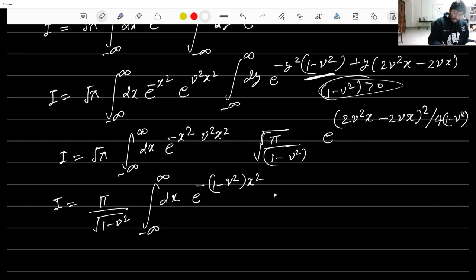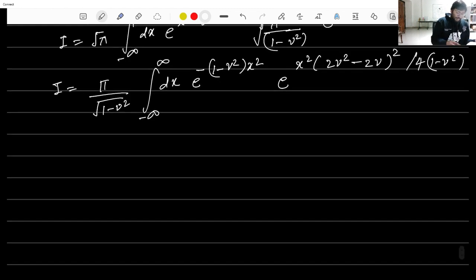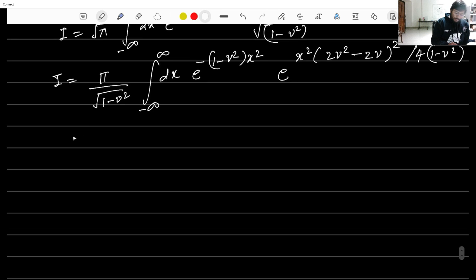So we have the integration remaining over e to the power, you write it like this, 2 nu square x square, 2 nu square minus 2 nu, so whole square divided by 4 times 1 minus nu square. So now you can simplify this more by writing it like this.